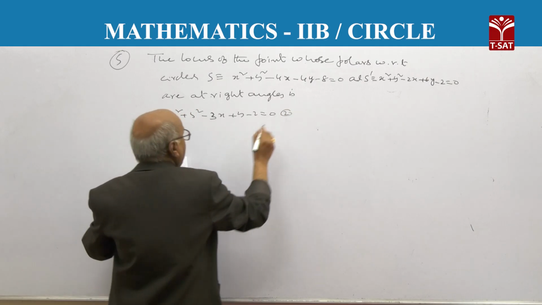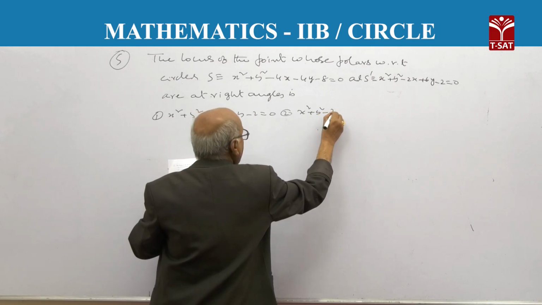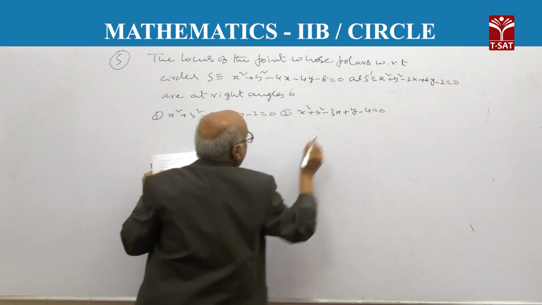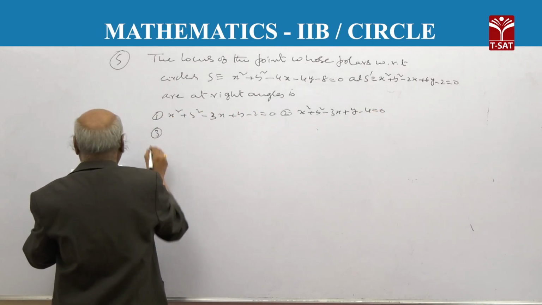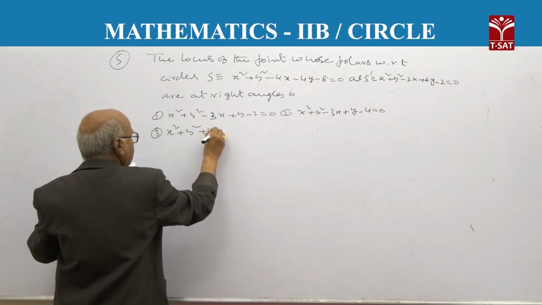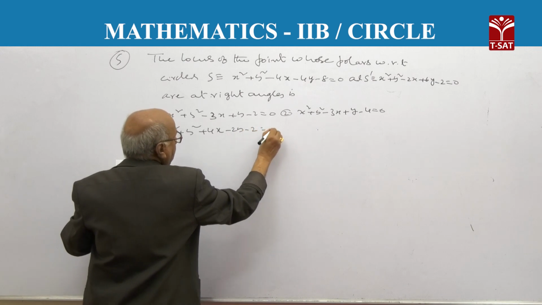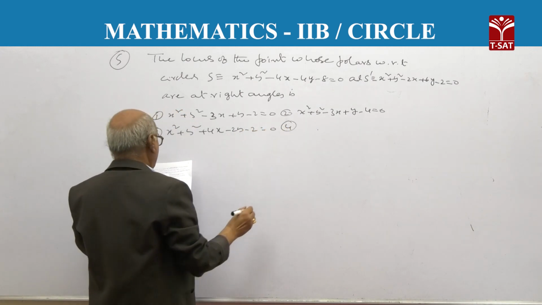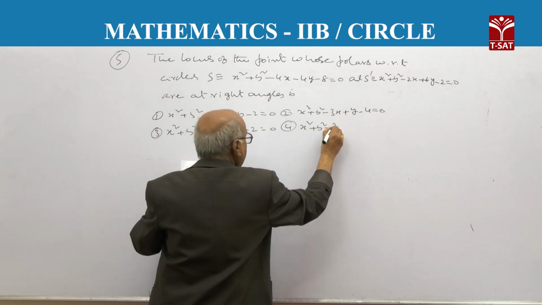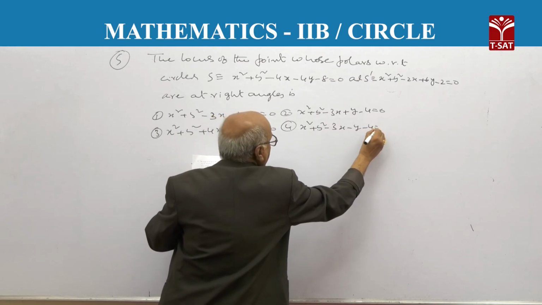Number 2, x square plus y square minus 3x plus y minus 4 equal to 0. 3, x square plus y square plus 4x minus 2y minus 2 equal to 0. 4, x square plus y square minus 3x minus y minus 4 equal to 0.